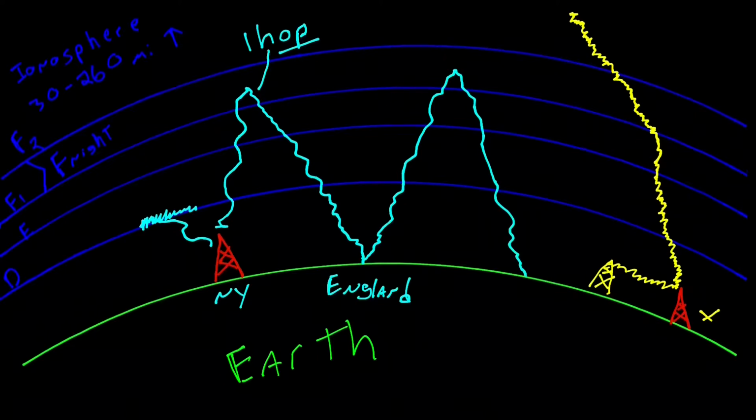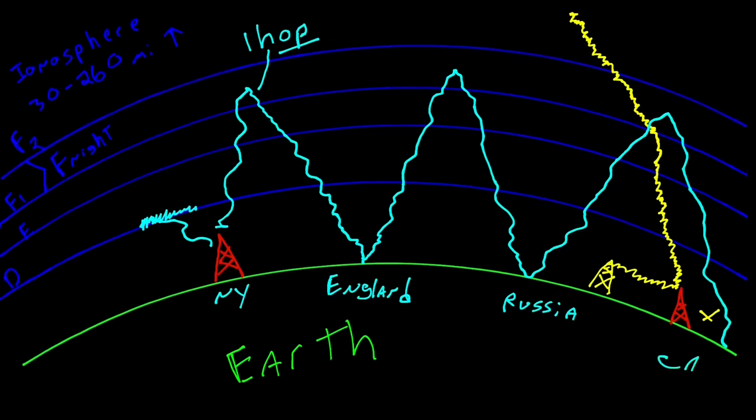And let's say that now it hits Russia, and let's say it bounces back up. As distance is increasing, the signal is getting weaker and weaker as it travels more and more distance. But it's going back up into the ionosphere and again bounces back. So it's taking 1, 2, 3 hops. And let's say it ends up in California.